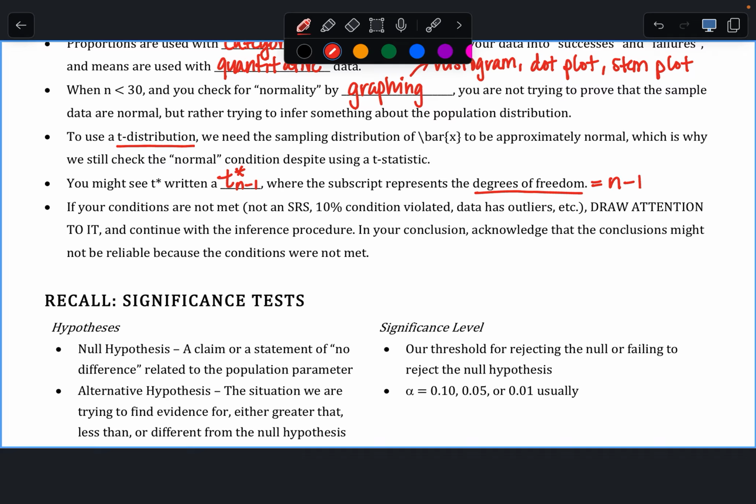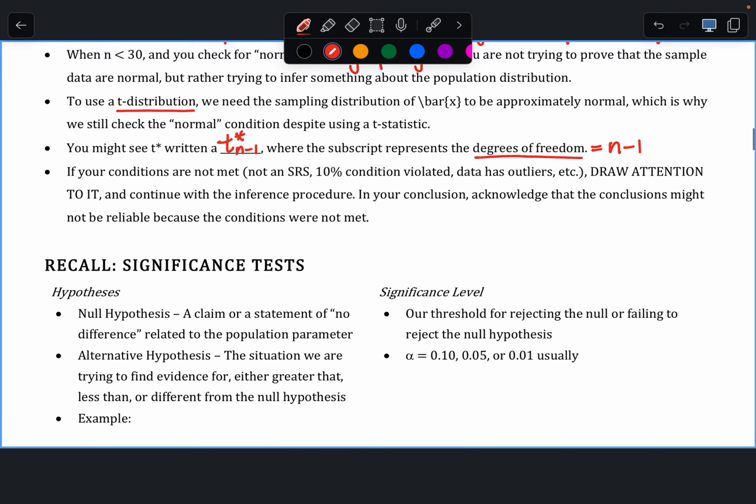And so a lot of the time with the means, the conditions go a little bit faster, especially if you don't necessarily have to graph it, which you should not have to graph it, because you are not having to go through that check of large counts. So this was just kind of a summary of what we talked about, how we got to t-distribution in the first place. It's basically because we don't know a population standard deviation, so we're using a t-distribution.